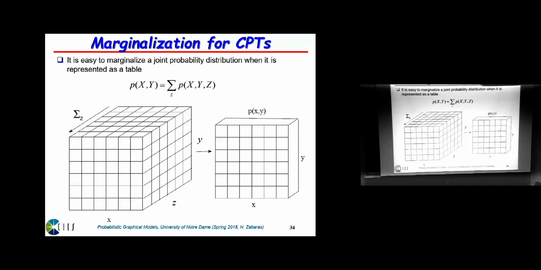If you want the marginal from this, effectively you collapse in the direction of Z to get a two-dimensional table. This looks like an easy process in 2 dimensions. If it is in 50 dimensions, performing all these summations is an expensive task. So keep that in mind.